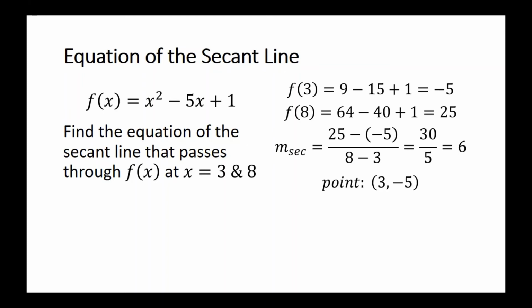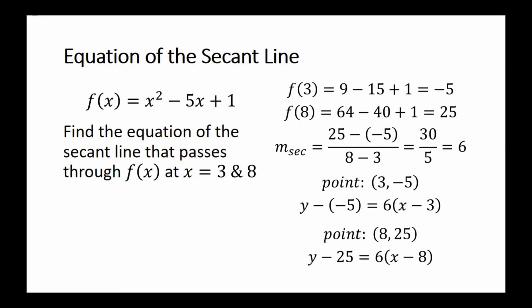And we have the point (3, -5), right? When f of 3 was equal to negative 5. So if we plug that into the point-slope form, we have y minus negative 5 is equal to 6 times x minus 3. But we could also use the other point. We have a second point, so we could use the point (8, 25), and we get y minus 25 is equal to 6 times x minus 8.